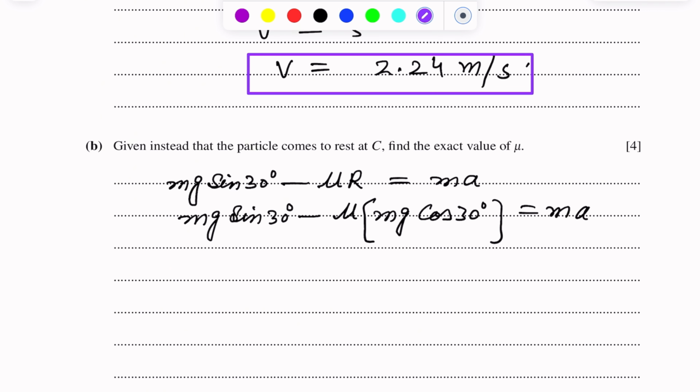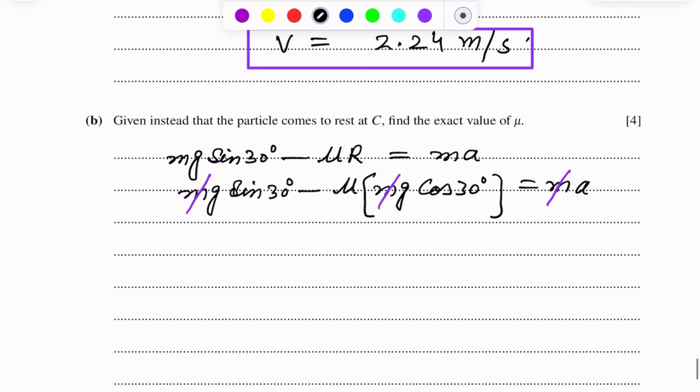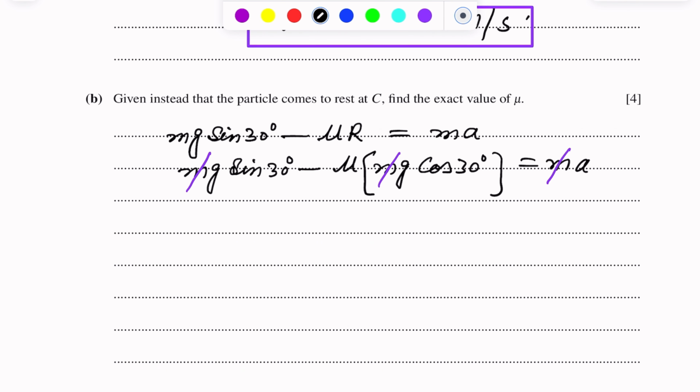Again, in both terms on the left hand side there is m. Taking common from these two terms, m will be cancelled out. So we are cancelling m. From here we get acceleration: g sine 30, g is 10, sine 30 is 1 over 2, we get 5 minus mu into g cos 30.